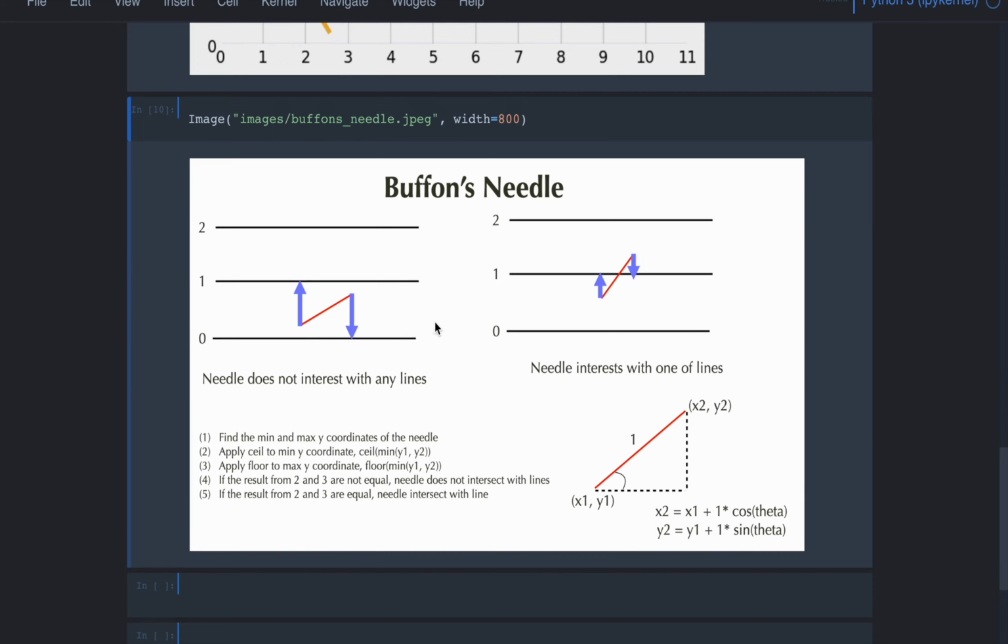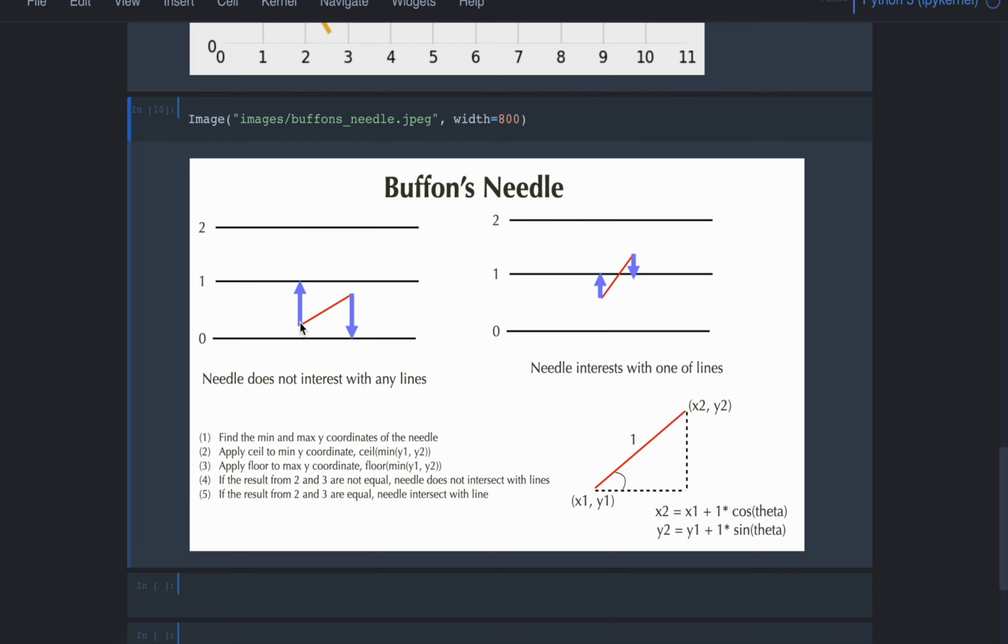Imagine these are our horizontal lines, and we dropped a needle that has fallen like this. Because the lines are horizontal, whether the intersection happened or not depends purely on the y coordinates, not on the x coordinates. So first, we take the minimum of the y coordinates.